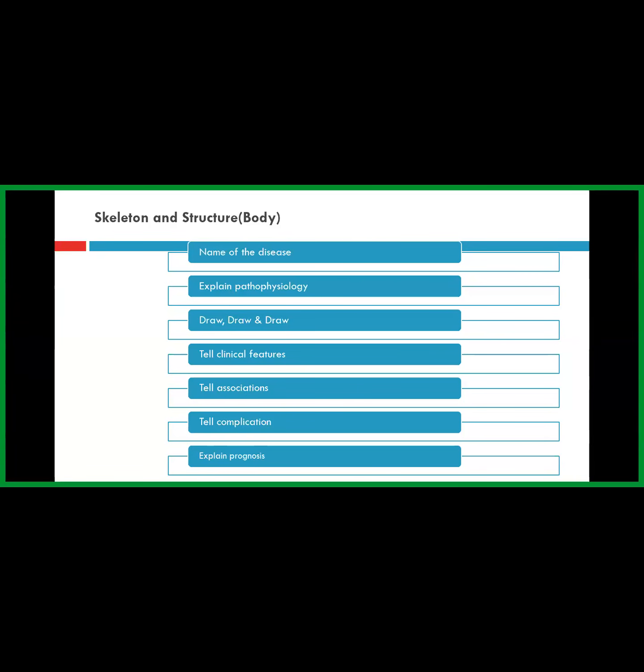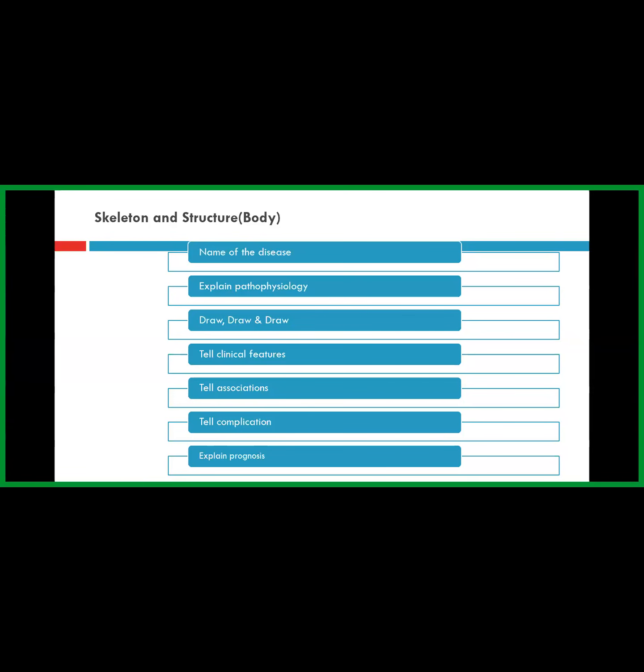So you should tell. Now you know very well that rheumatoid is associated with IBD also. So you have to tell the association. Similarly, say for example, you are counseling a patient with ulcerative colitis and you are telling the associations that you can get red eyes, oral sores, some rashes on the body, some soreness on the body, some low backache.